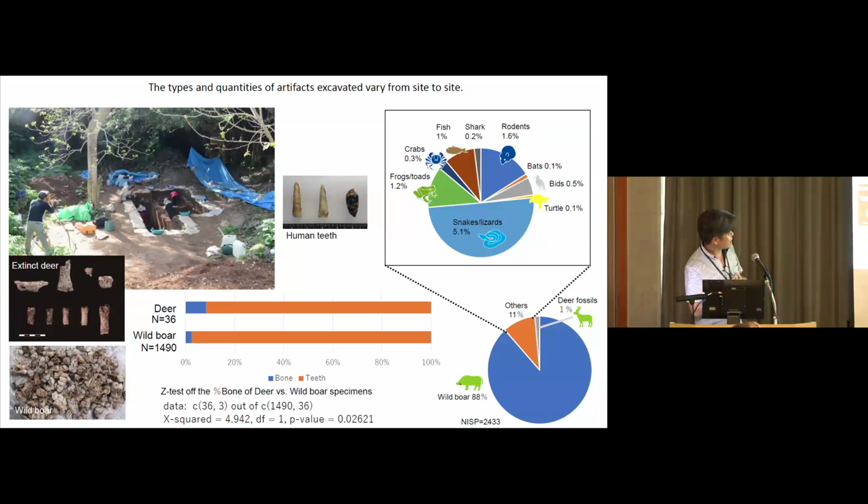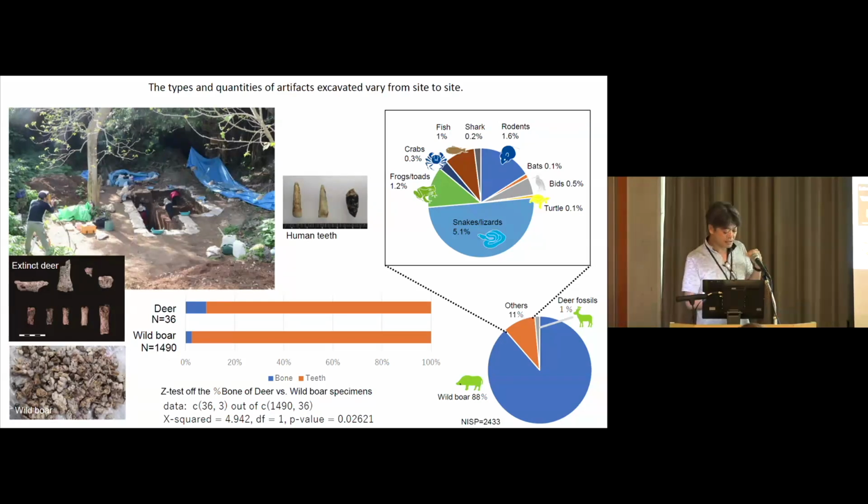And the first case is the Tsuzupiskiabu Cave, an early Holocene site on Miyako Island in Okinawa. In this cave, we obtained many animal remains from the early Holocene layer. Most abundant taxa is wild boar teeth.